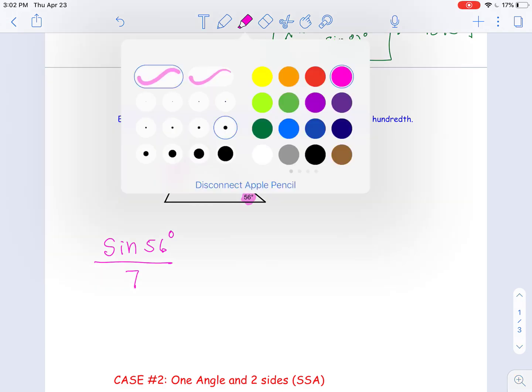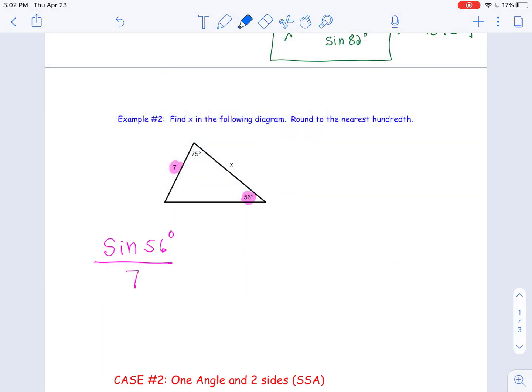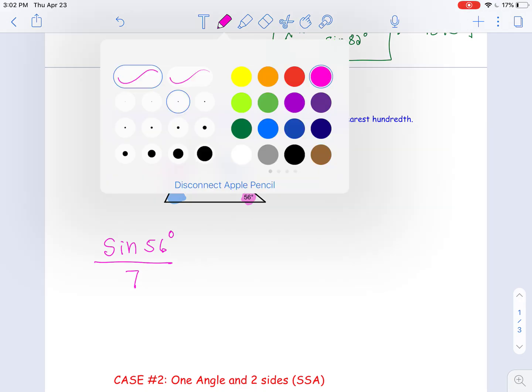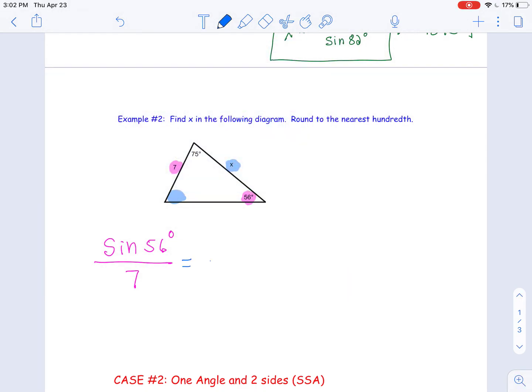But I need another ratio to set it equal to, to get this x value, and that means I'm going to need that angle. So I'm going to have sine of that angle over x, and I need to find this angle.